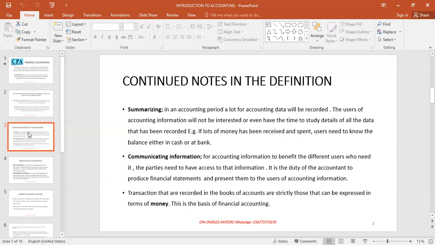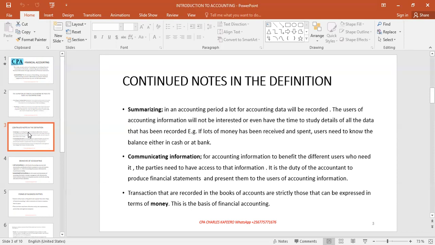And I think that's all you should know about financial accounting. It is not a one-way process. It is a series of different processes which accountants go through so that they can present to you the financial statements as you see them.